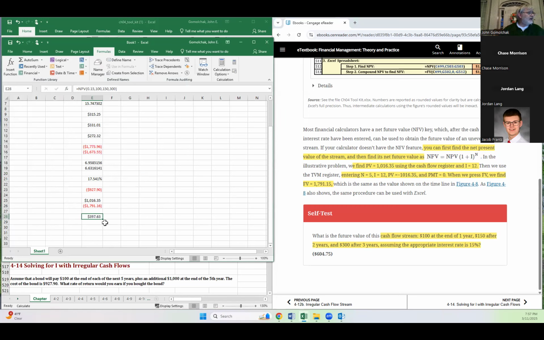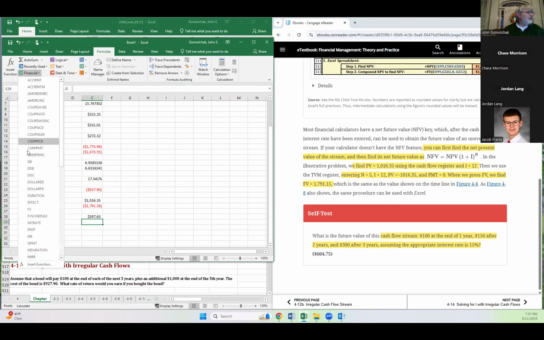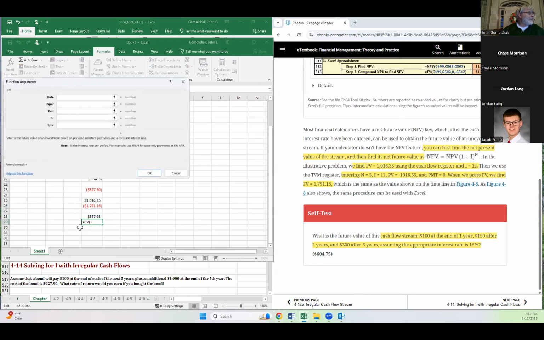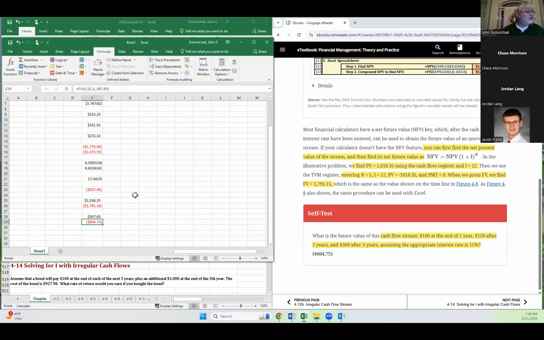So the present value is 397.63. If we did the future value, then that would be, the rate is 15% still. Number of periods would be 3. Payment, no, because it's not an annuity. Present value is 397.63. And type 0, 604.75. Okay, it does work.